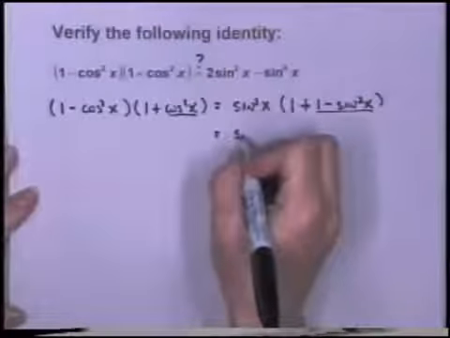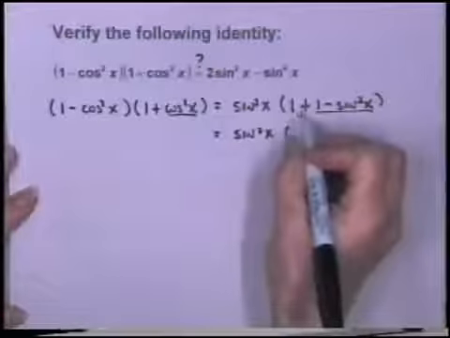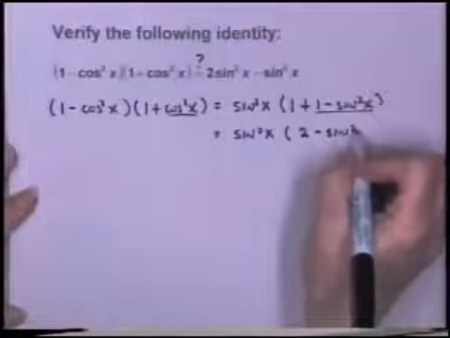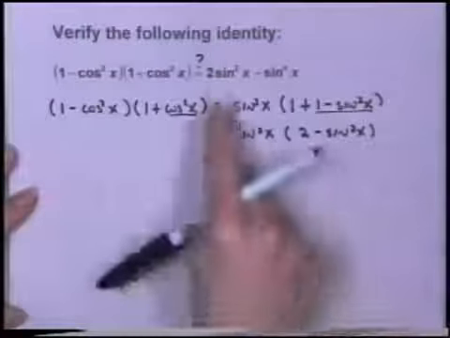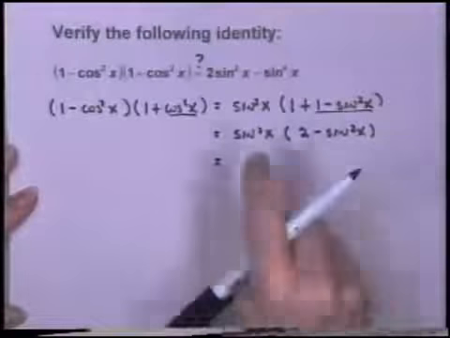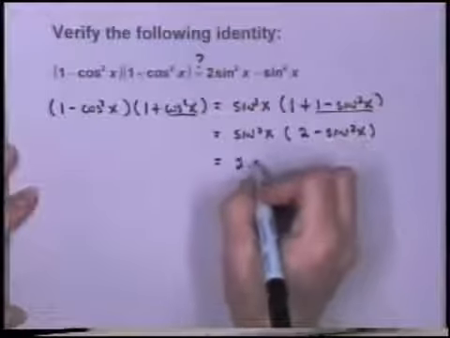Okay? Well, let's simplify inside that factor now. I have sine squared x still outside. 1 plus 1 gives me 2 minus sine squared x. Now look at what we're trying to get. We're almost there, aren't we? All we need to do is multiply by distributing this sine squared x across here.